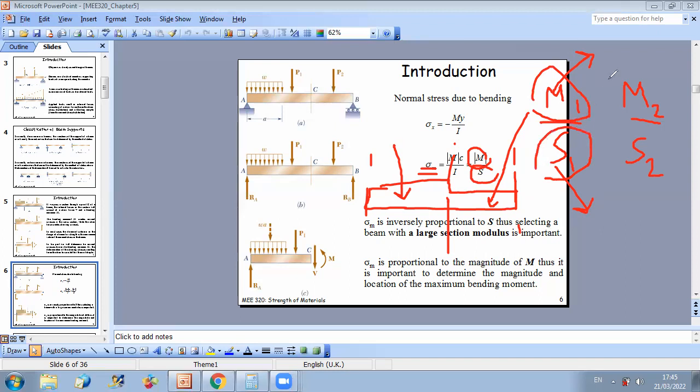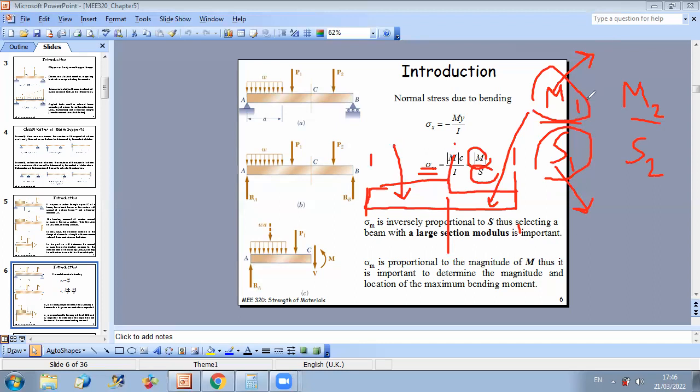However, in case you have, let's say, the maximum moment over the beam in part 1, however, S2 is smaller than S1, then you cannot take an idea before doing calculation.